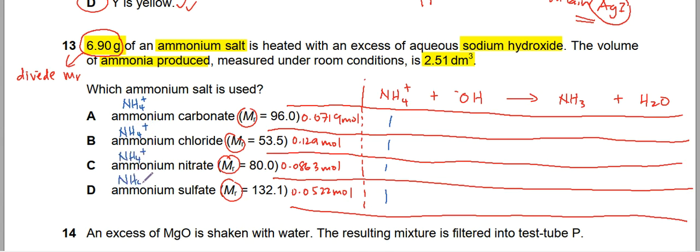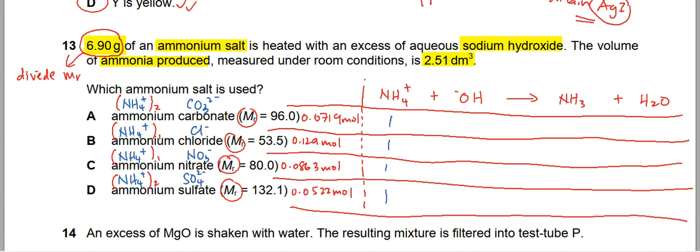Carbonate is 2 negative, chloride is -1, nitrate is -1, and sulfate is 2 negative. So to balance the charges, you need 2 units of ammonium here. So this is still 1, this is still 1, and this is also 2, to balance the charges.